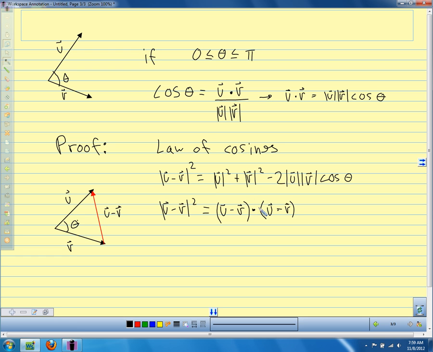And now I can use the distributive property for the dot product and say this equals u dot u minus u dot v minus v dot u plus v dot v, which equals the magnitude of u squared minus 2u dot v plus the magnitude of v squared.